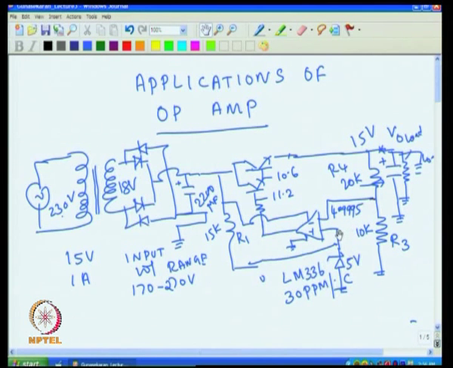So, essentially if this voltage is 5, this will come very close to 5, and if this is 15, then you will get at this point 15.6 and 16.2, and 16.2 divided by the open loop gain is the difference that you will get. So, essentially this is how the voltage regulator is working.